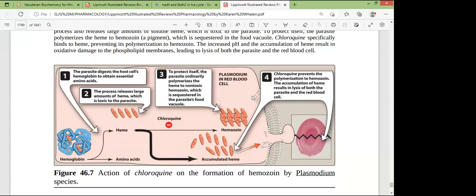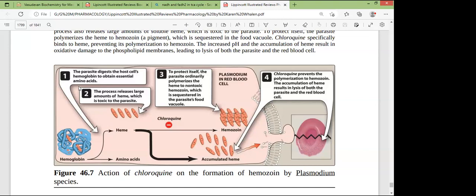So this malaria parasite, once it's inside your RBCs, it needs food, right? And what is food to it? It's your amino acids, right? Remember your amino acids, they are food. So the parasite will digest your hemoglobin so that it can obtain the amino acids.